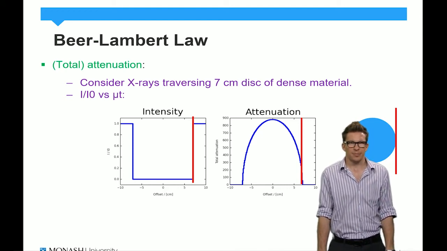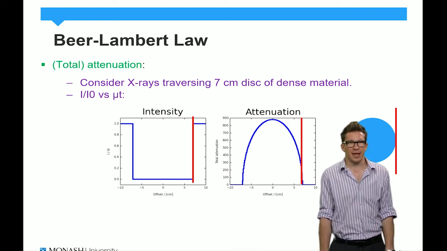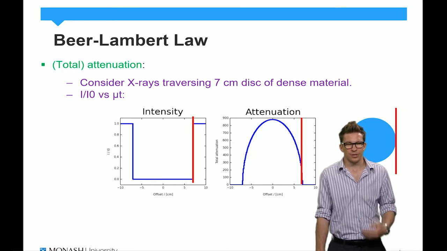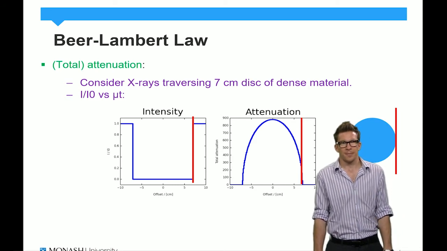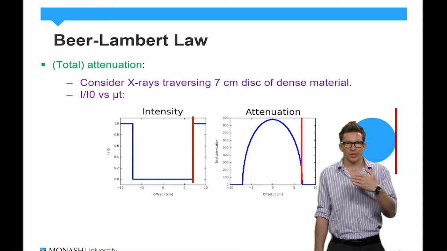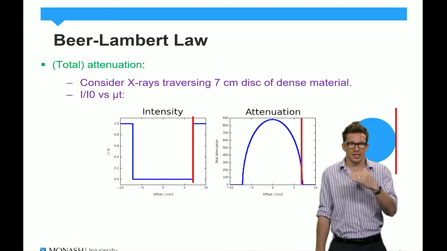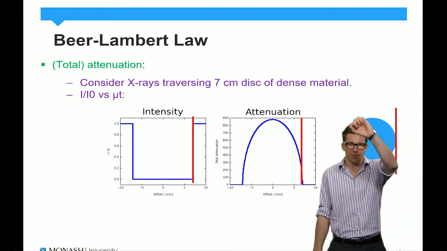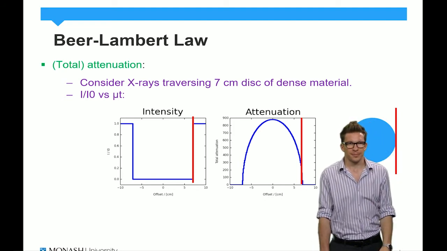Now, the intensity profile is a little bit more complicated than that. It has a slightly different dependence, and in order to understand that dependence, you would have to plot the intensity profile for different materials. So we can see for this very dense material, only a very, very small amount of material is needed to dramatically reduce the intensity of the X-rays from I0 to those coming out the other side of the object.